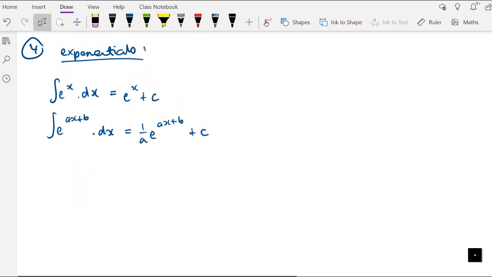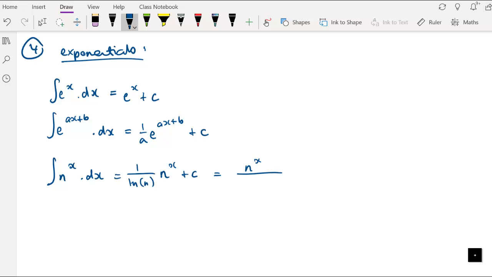Okay, so rather than using a, I'm going to use n. So we're going to look at the integral of n to the power of x dx. The only difference here is because the base is not Euler's number, it will differ by a factor of ln n. So it will be 1 over ln n, times n to the power of x, plus c. Or if you prefer, n to the power of x over ln n plus c.